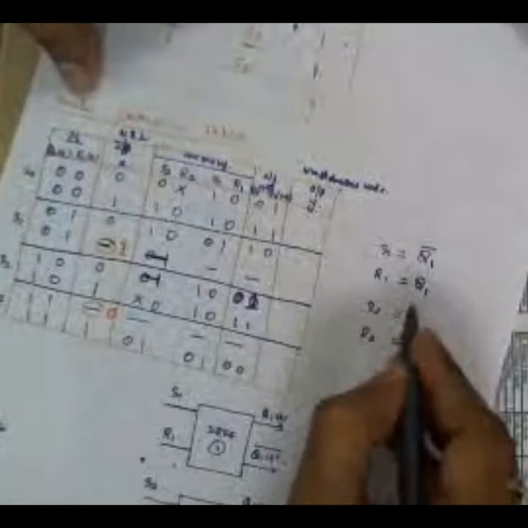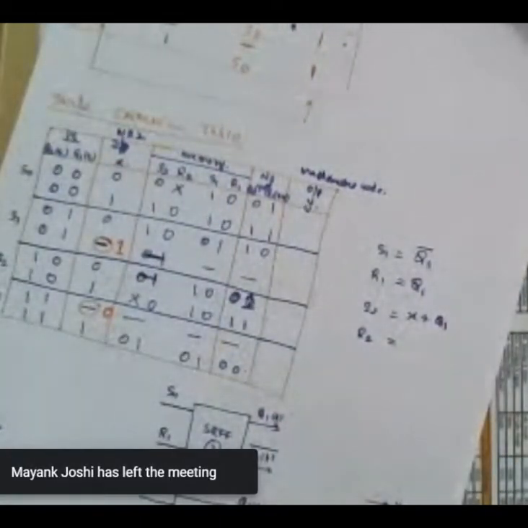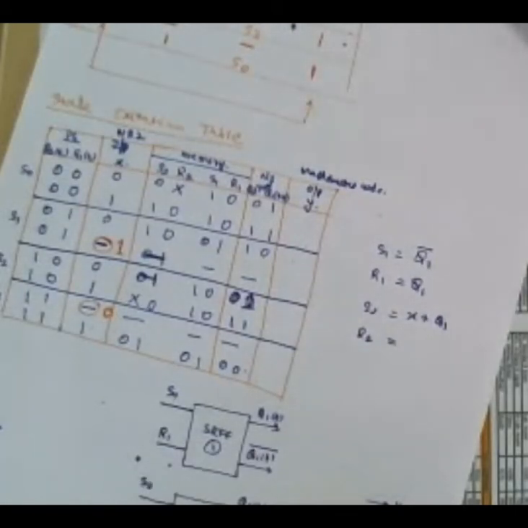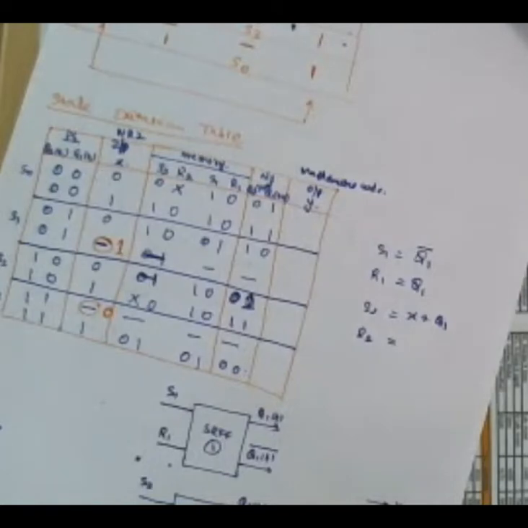X, what is it? S2 is X plus Q1. Okay. X plus Q1. Okay. There is a clock.